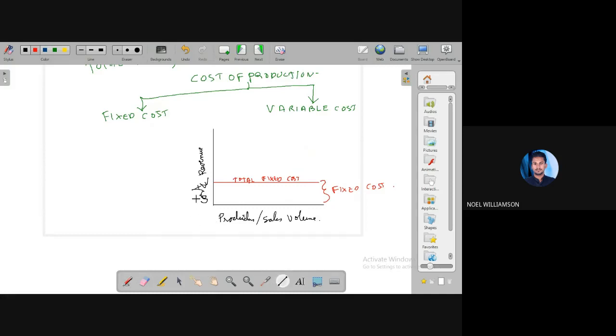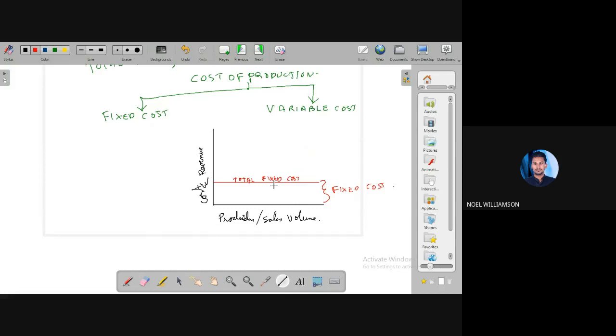Now the variable cost. The variable cost comes on top of that; it is dependent on the number of products. If no products are produced, then no variable cost will be there. But in the case of the fixed cost, whether anything is produced or not, for the bulb and fan and the installation, there will be some installation charges.